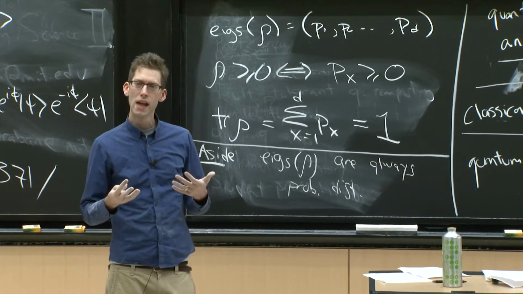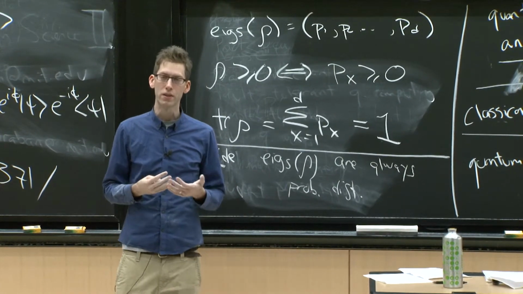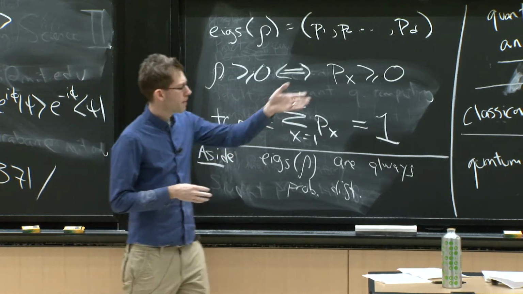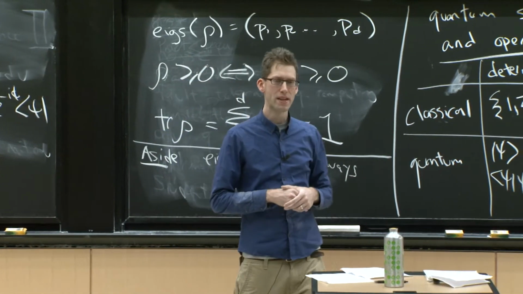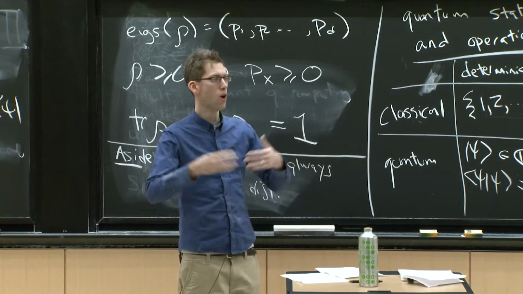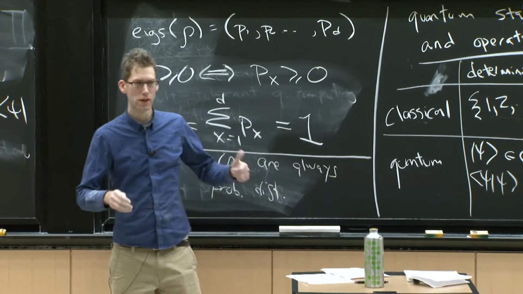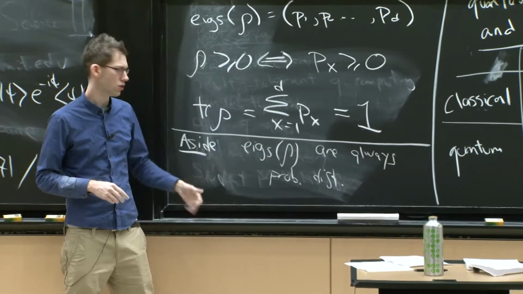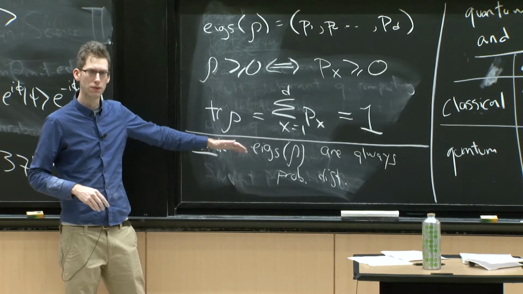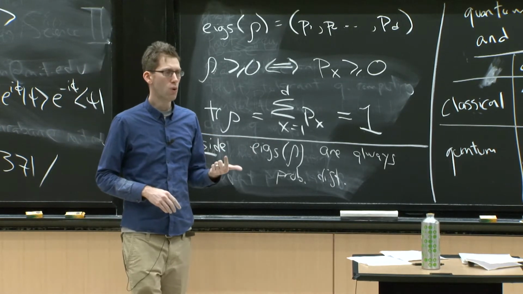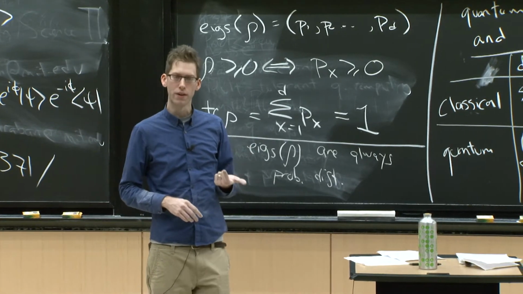So why is that? Essentially, it's the same argument. Since rho is positive semi-definite, its eigenvalues are always non-negative. So that's one of the conditions to be a probability distribution: the entries are non-negative. They also always add up to 1.